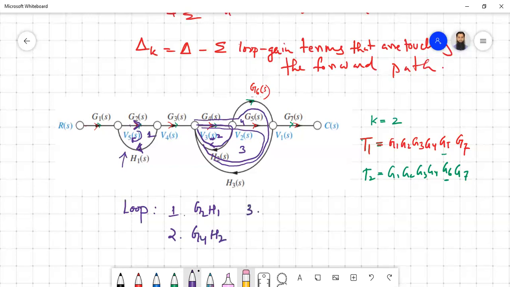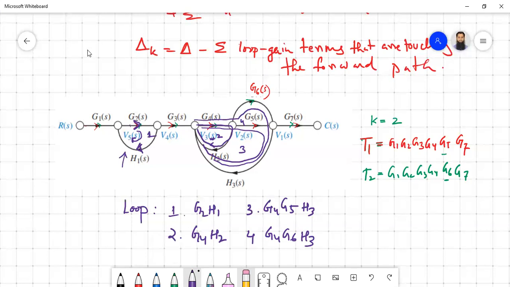Then number three is going straight, then coming back, so basically G4, G5, and H3. Loop four is going upwards, so G4, G6, then H3. So these are the individual loop gains. Four loop gains we have.